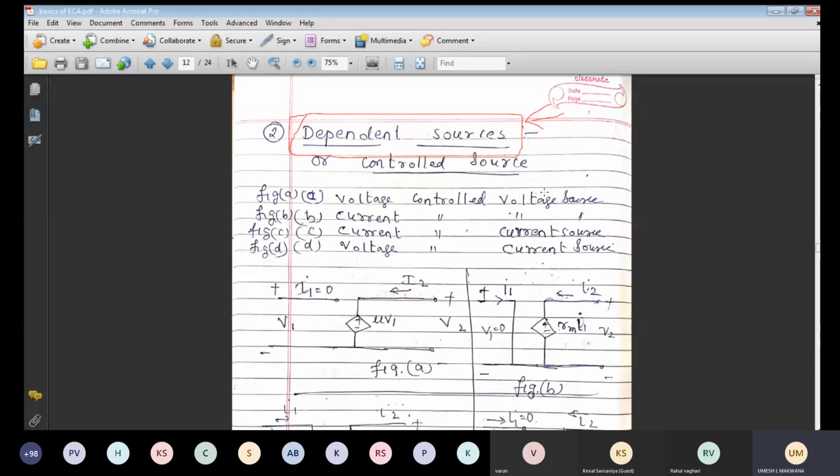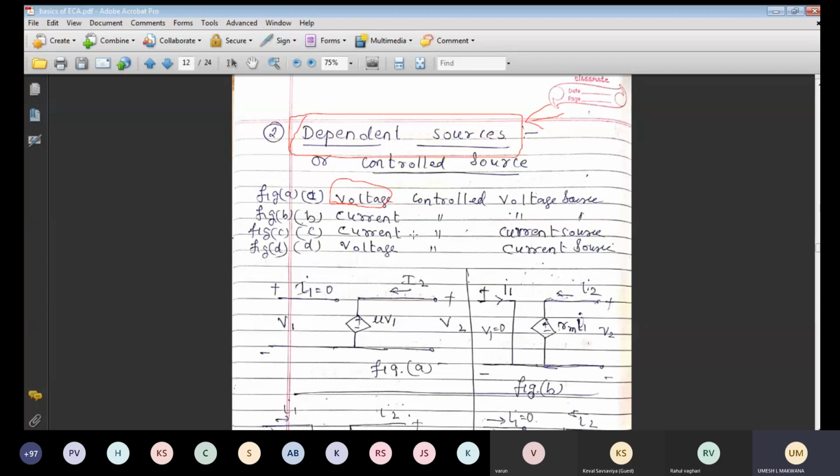These voltage sources are controlled by the voltage of another component, or they can be controlled by the current in another part of the circuit, which is known as current controlled voltage source.